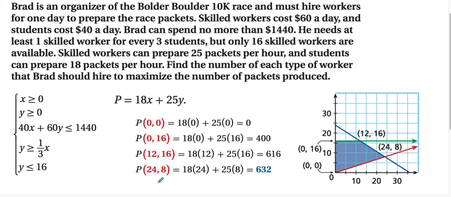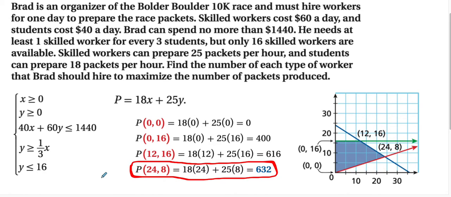Okay, you'll notice the combination of 24, 8. Well, I did a lot better than I thought using the mouse. Look at that. The combination of 24 students and 8 skilled workers gave you the most packets produced.